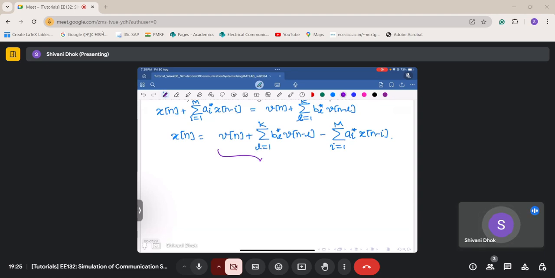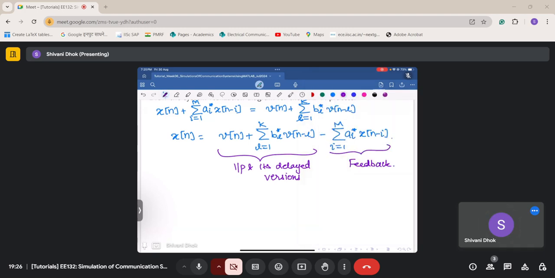So this particular part is input and its delayed versions, and this particular part is feedback.